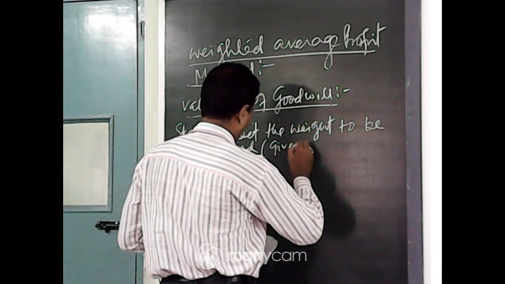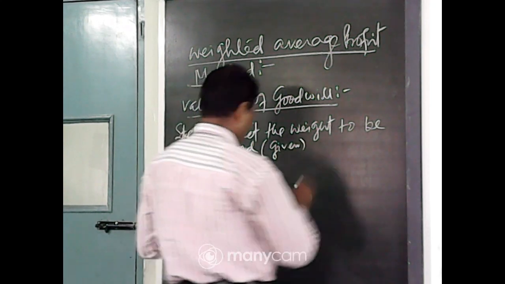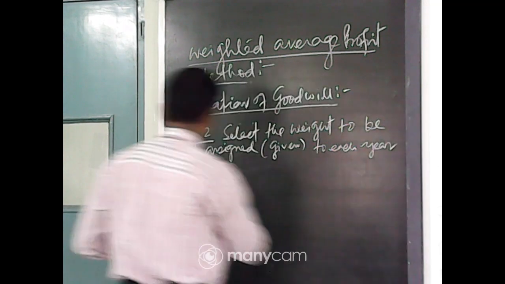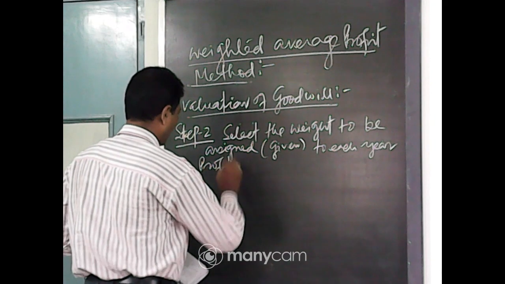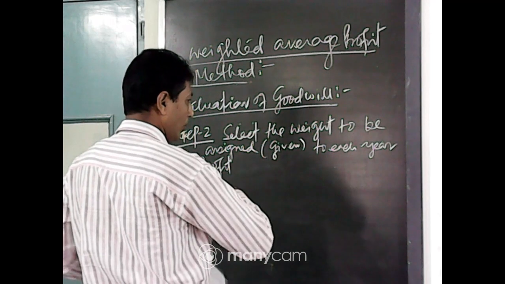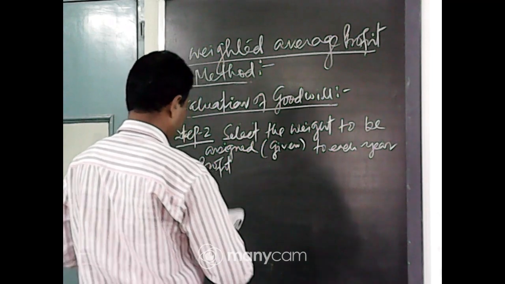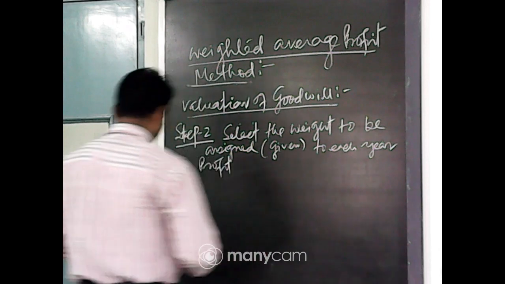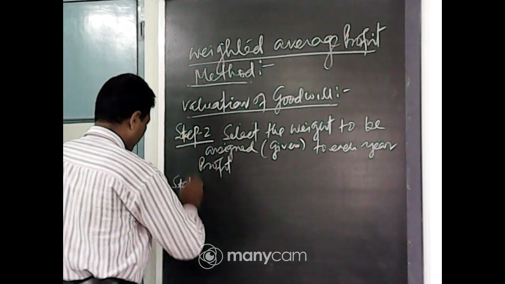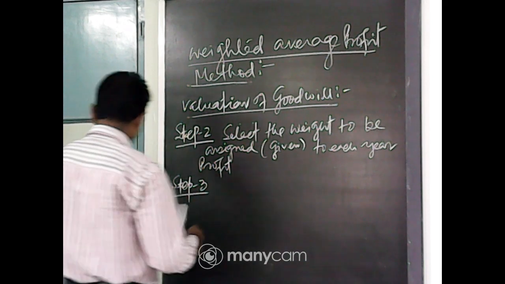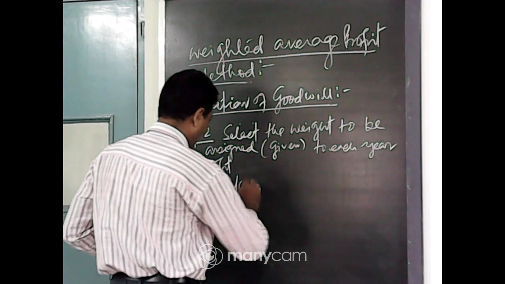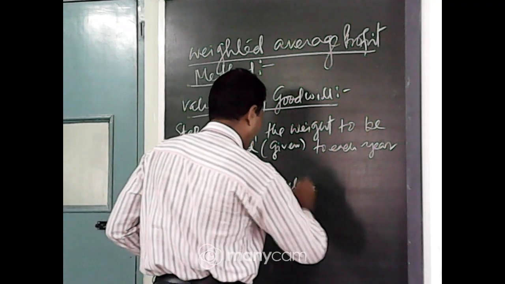The weight will already be given in the problem, to be assigned to each year's profit. Step 3, calculate weighted average profit.